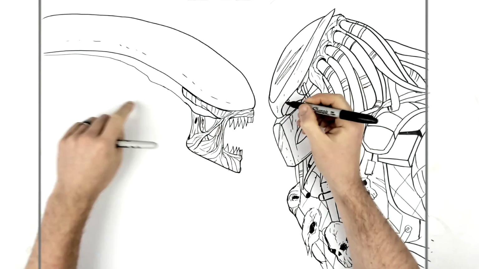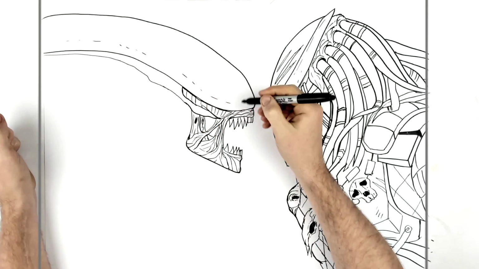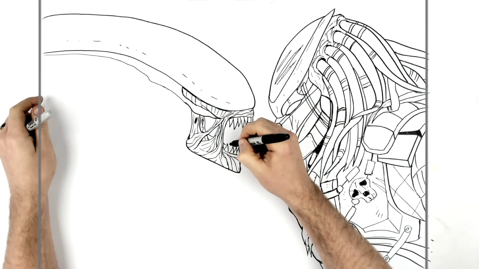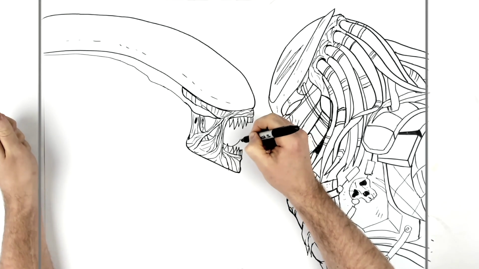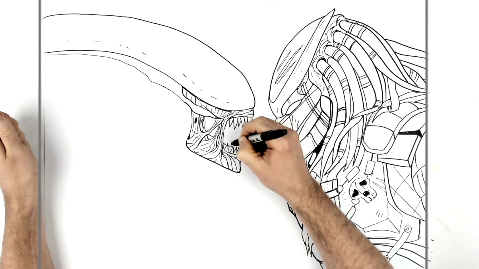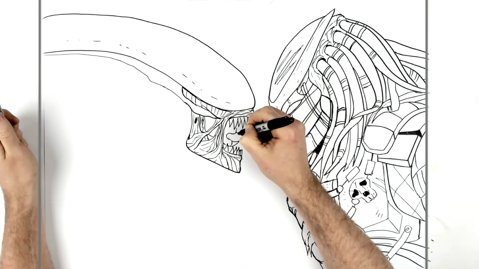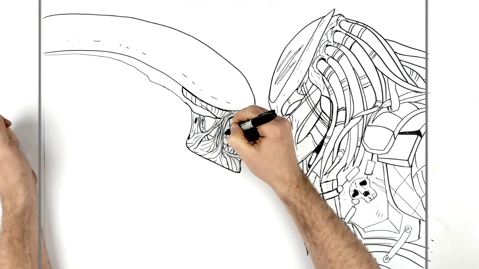Right, and then inside there we have the mouth, the mouth inside the mouth. So we've got these sharp teeth sort of here, and then skin, and it curves around like that. And all the wrinkles and things on this.